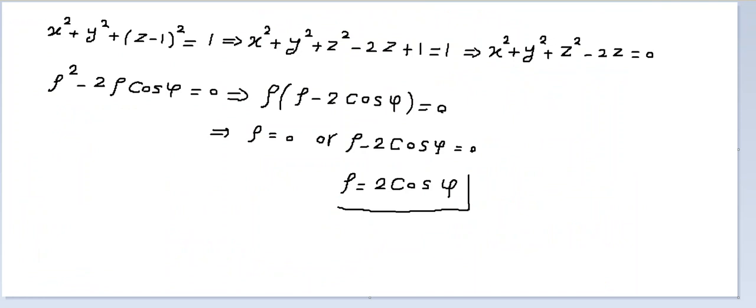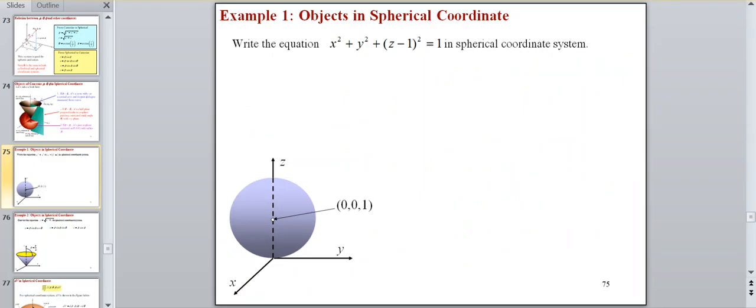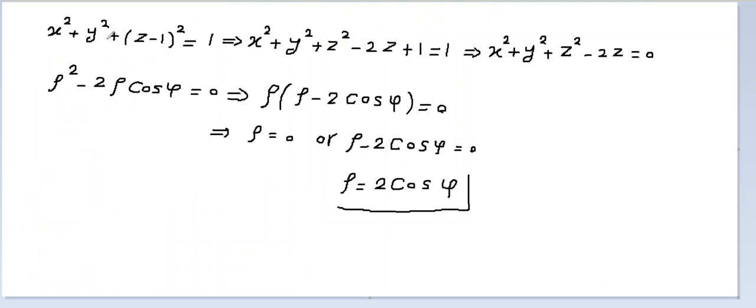Now take a look here. This is the Cartesian equation of the sphere. Expanding, x squared plus y squared plus (z minus 1) squared is x squared plus y squared plus z squared minus 2z plus 1 equals 1. The 1 cancels, leaving x squared plus y squared plus z squared minus 2z equals 0.